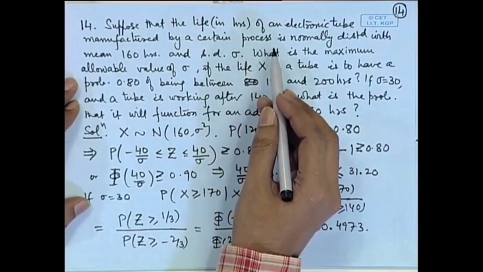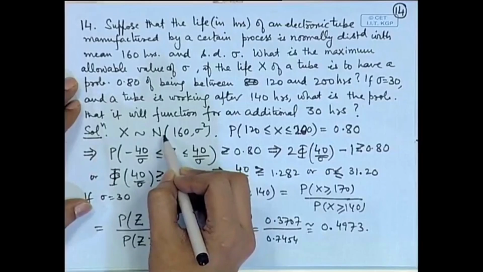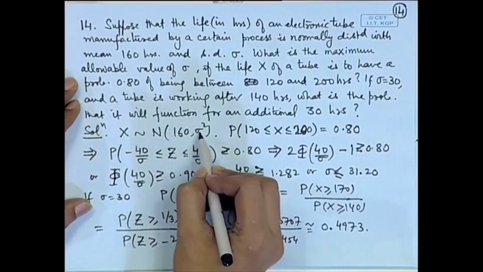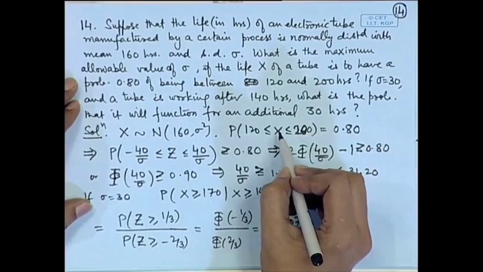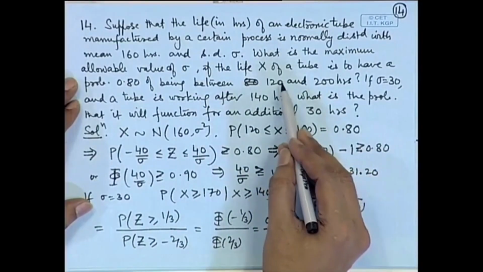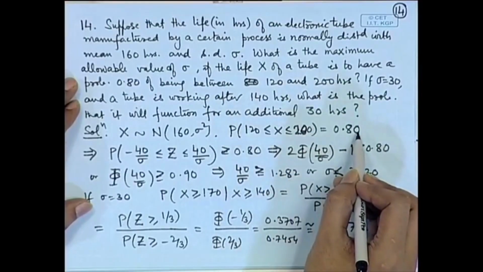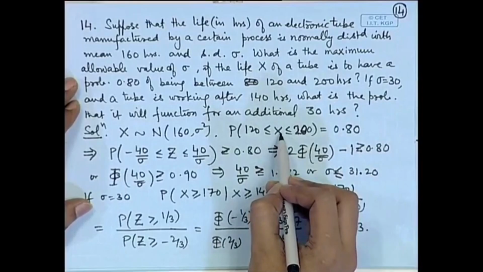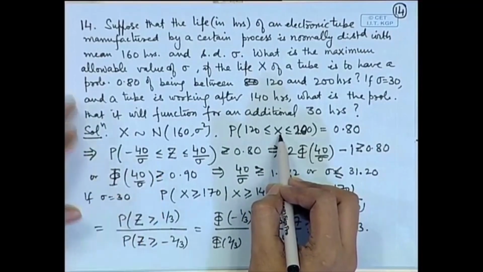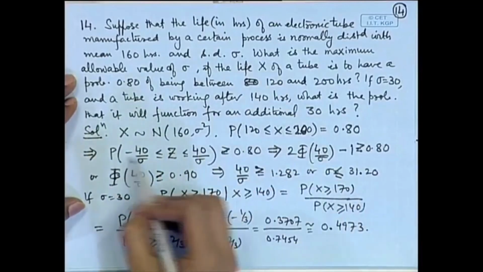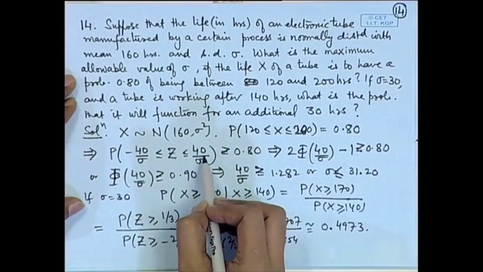In this particular case, if x is denoting the life, then x follows a normal distribution with mean 160 and variance sigma square. Now, it is given that the life is between 120 to 200 hours with probability 0.8. So, if we transform x to standard normal by subtracting 160 and dividing by sigma, this reduces to the probability of z lying between minus 40 by sigma to 40 by sigma.